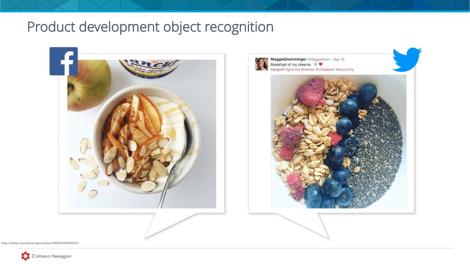And we have some product development use cases. This was with Dannon yogurt. They were looking to discover a new flavor of yogurt. And the way that they did this was they used a combination of object recognition to look at when people were sharing photos of yogurt and then pick out the different ingredients. So in this case, they could say, I see strawberries, I see granola, I see chia seeds, I see blueberries.